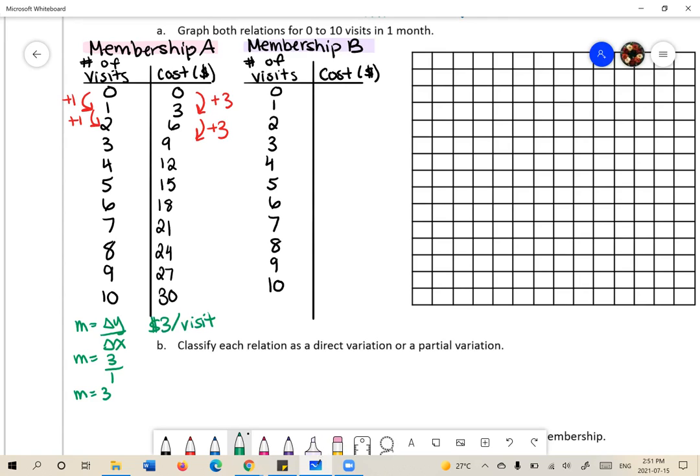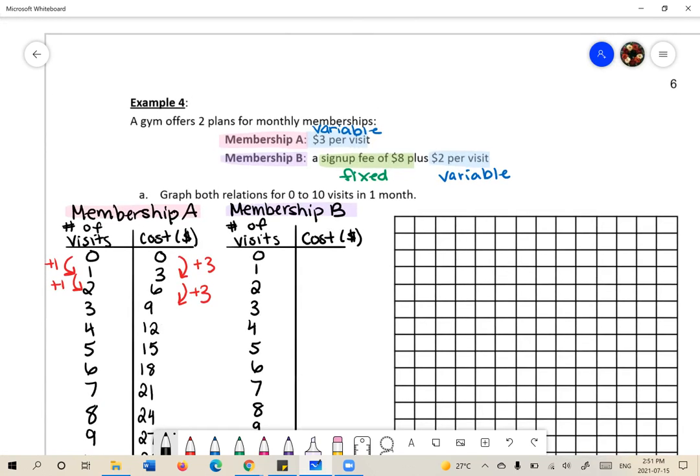Let's complete the table of values for membership B. Now it tells me that even if I go 0 times, I still have to pay that fixed fee of $8. And then it's $2 every time I go. So as x increases by 1, my y will increase by 2. $2 every visit.